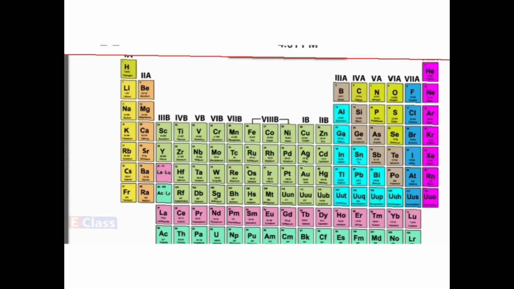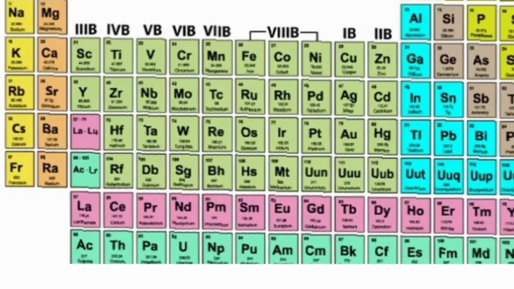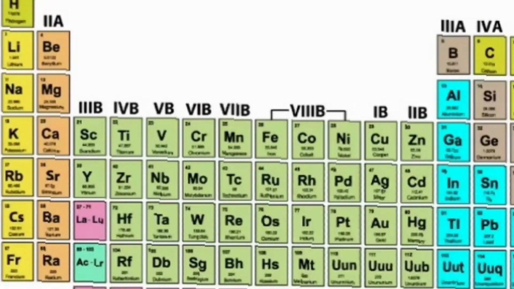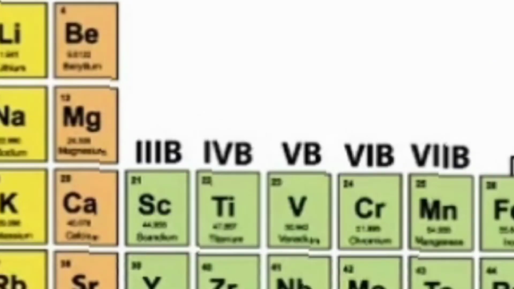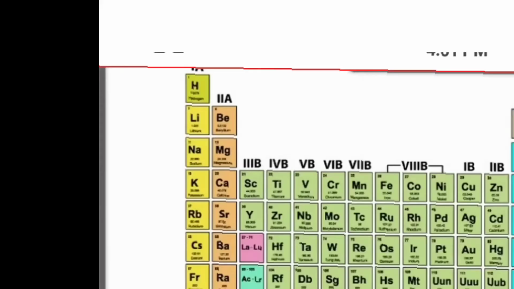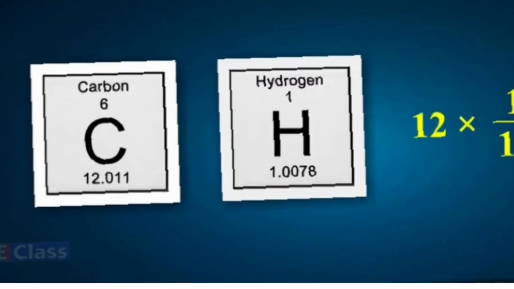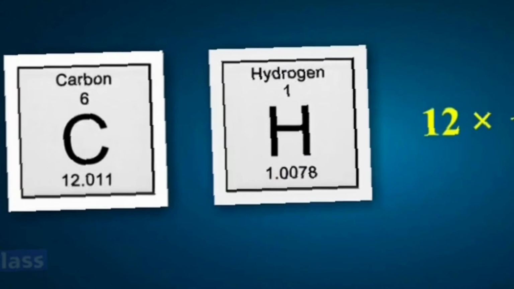In a similar manner, you can see this periodic table in which all the atoms are written with their atomic numbers and atomic masses. I have shown you just two parts. See here, hydrogen is 1.007, so roughly you can equate it to 1.